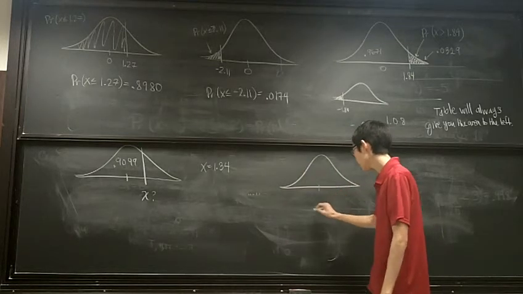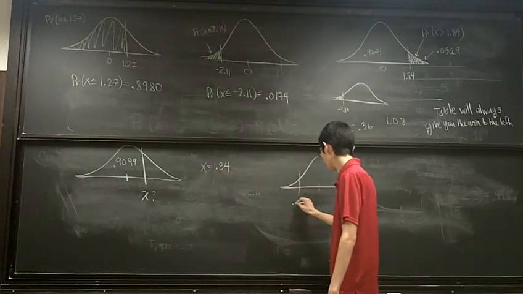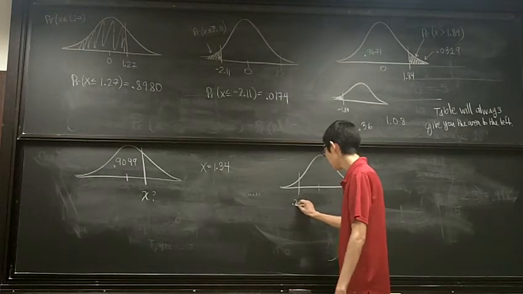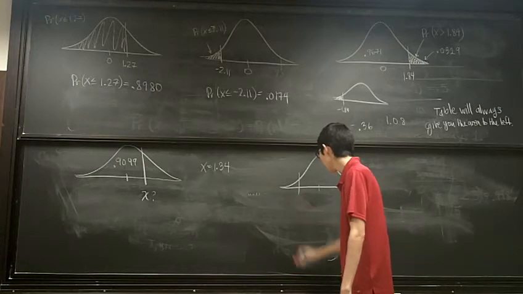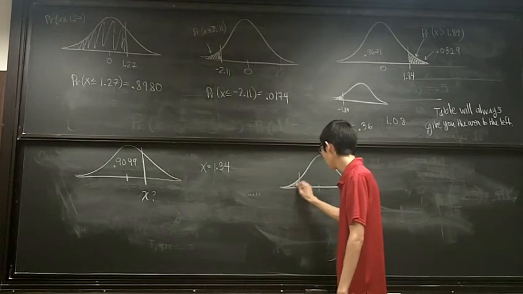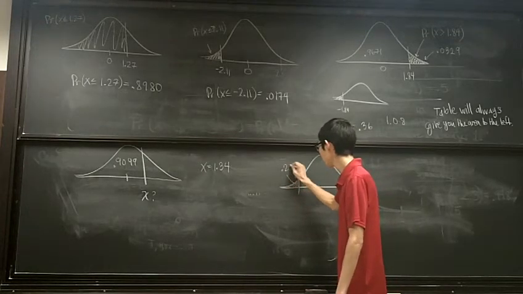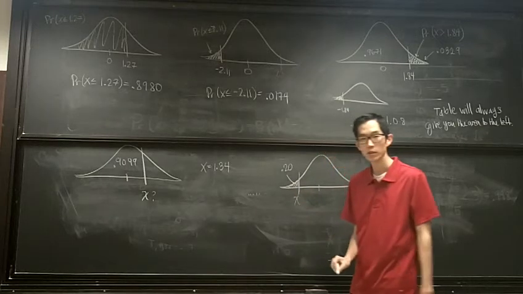What if I said I've got 0.20? Oh, this is the wrong spot. Let's say the area over here is 0.20. Where did I draw my x?